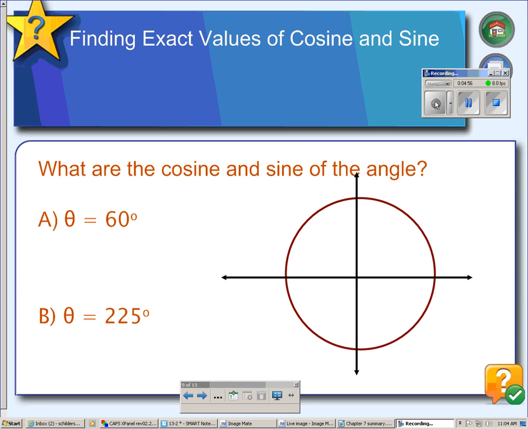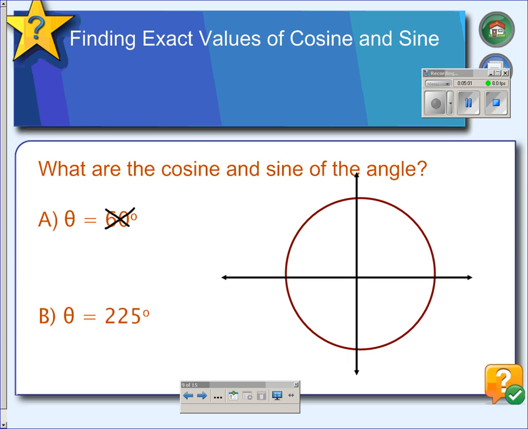Okay, since we already did the 60-degree angle, I'm going to change this to be a 30-degree angle. So if we have an angle theta of 30 degrees, we want to know the coordinates to this point on the edge of the circle. So what we're going to want to know then is the cosine of 30 degrees and the sine of 30 degrees. So if we drop a perpendicular here, that would give us a 30, 60, 90.